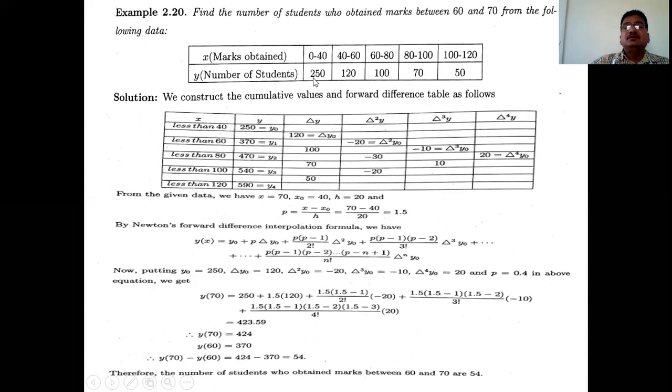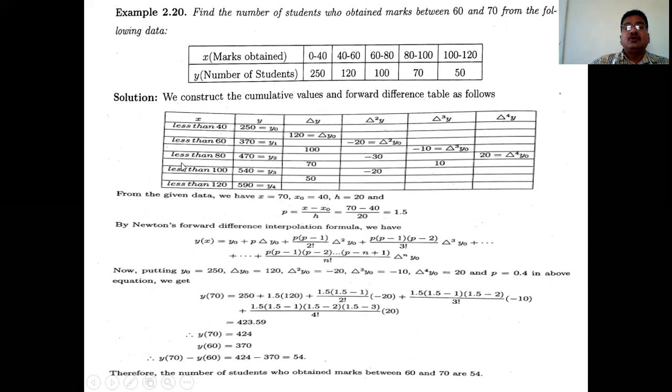That is 250 plus 120, that is 370, because 120 is the students who obtain marks between 40 to 60, and the 250 students who obtained less than 40 marks also obtained less than 60 marks. So the addition of these two is 370.